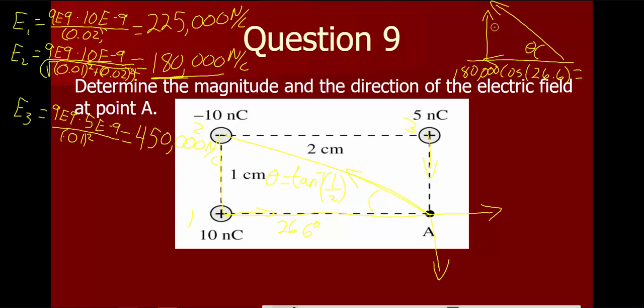And the Y will be 180,000 times sine of 26.6. We all get it. Just 80,000.